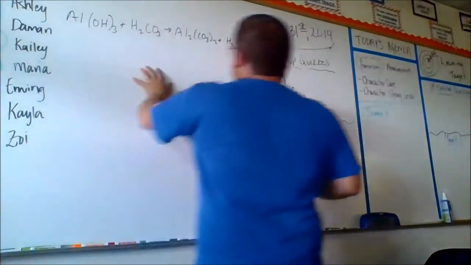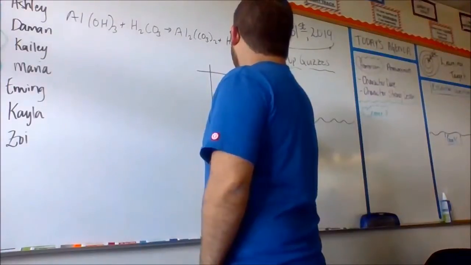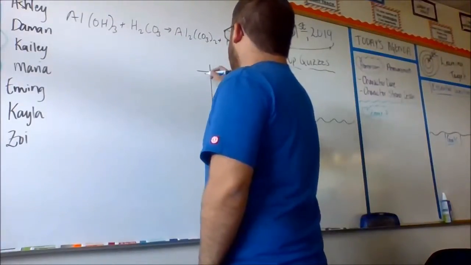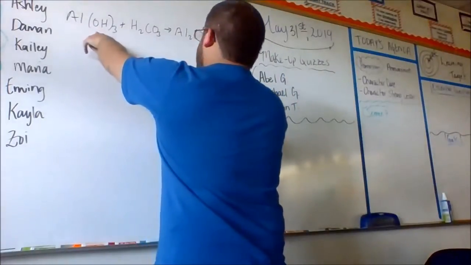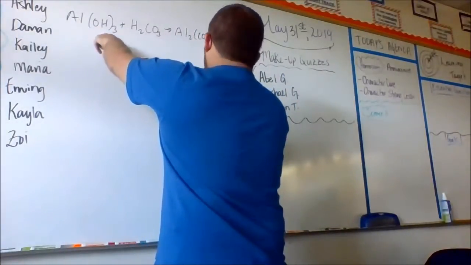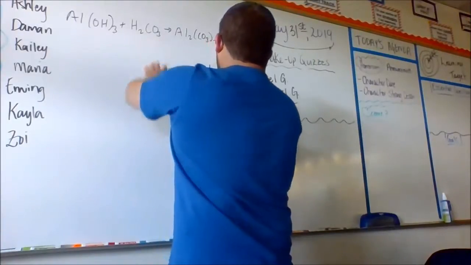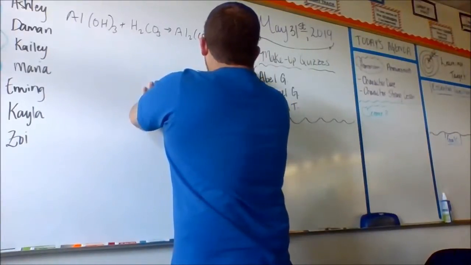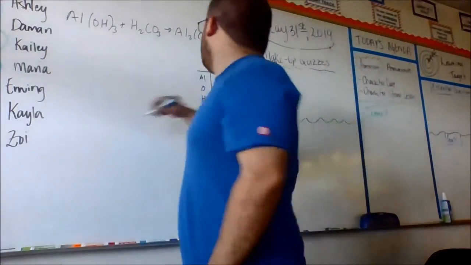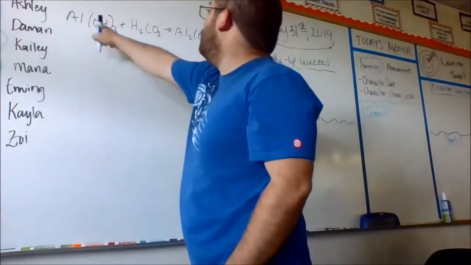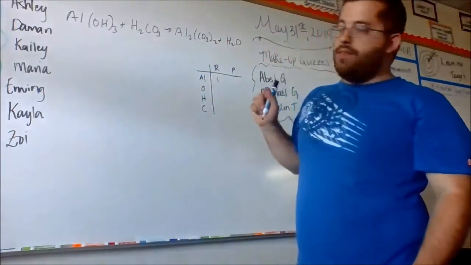Okay, so let's start by making our chart. So we've got aluminum, it's right there. We're gonna have oxygen. We've got hydrogen. We've got carbon. Reactant side, product side. Okay, let's start totaling them up. So 1 aluminum there, oxygen. Oh, okay. So here's the thing about these parentheses right here.